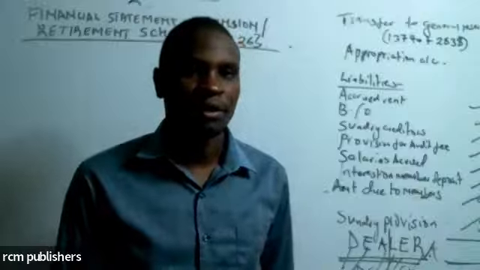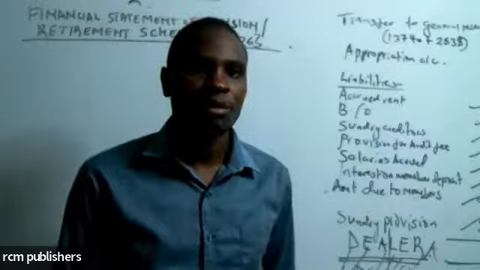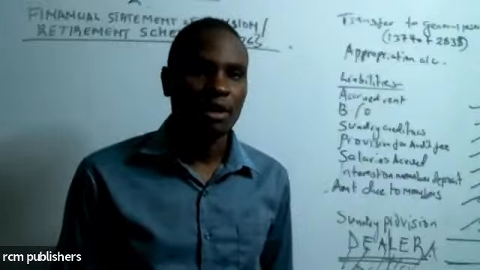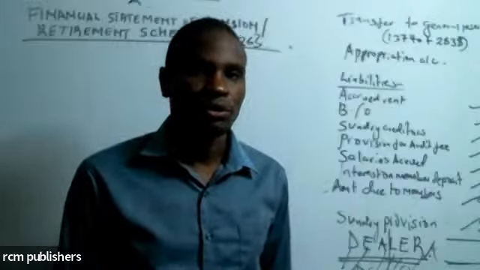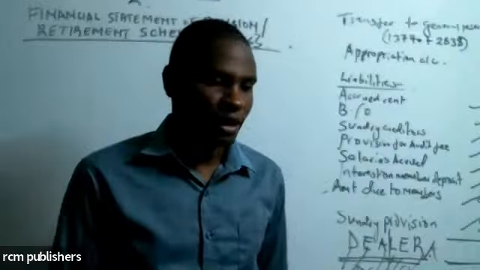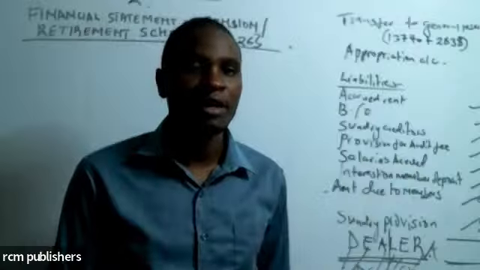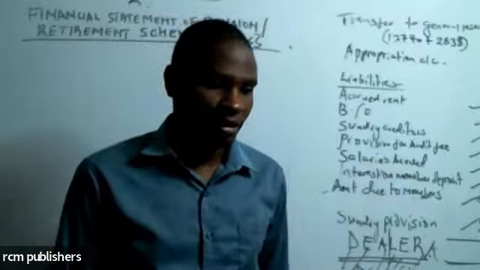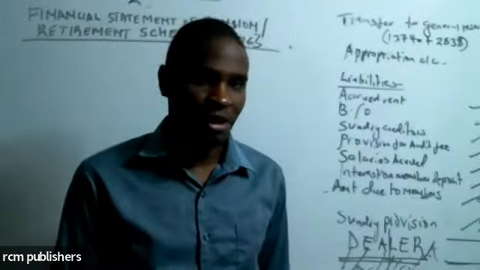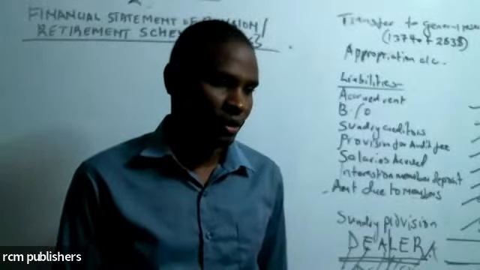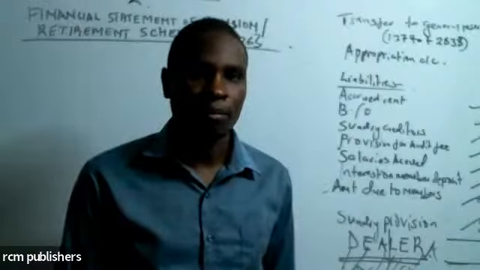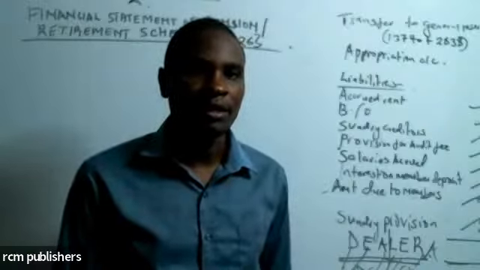Maybe if you have invested 2 million in that fund, you get 1 million, and the other 1 million is converted. You're given an asset that you'll be earning some amount from every month.